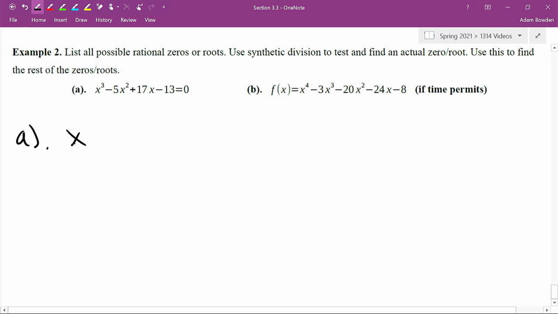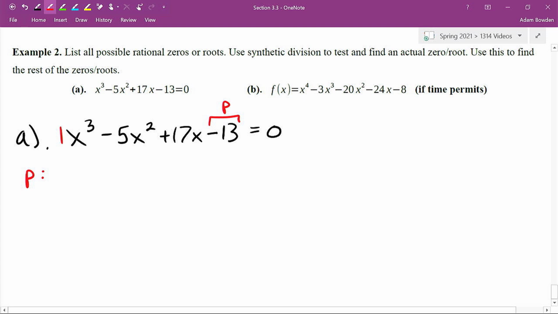So we're going to start with this equation, x to the third minus 5x squared plus 17x minus 13 equal to 0. We're trying to find the zeros or roots here. We're going to use the p over q to start out. P is the negative 13, and q stands for the leading coefficient of 1.